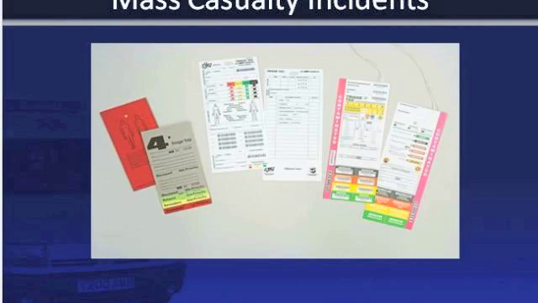Mass casualty incidents. Mass casualty incidents are incidents where the patients outweigh the resources that are available for the service you're employed under. This means when you have multiple patients and you do not have enough personnel, equipment, or whatever is available to properly manage this scene.